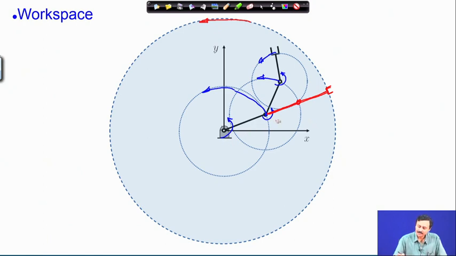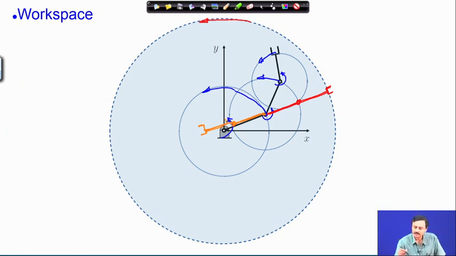On the inward side, this can be folded. I can reach any point like this.